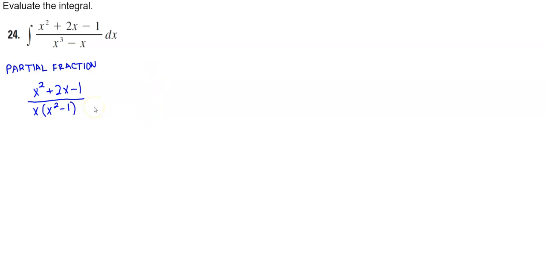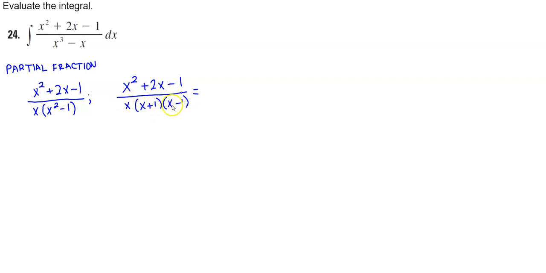Which is the same thing as x squared plus 2x minus 1 over x times x plus 1 times x minus 1. Okay, so again, the first thing we need to look at is the fact that the degree in the numerator is smaller than the degree in the denominator, which allows us to see that we can factor the denominator.